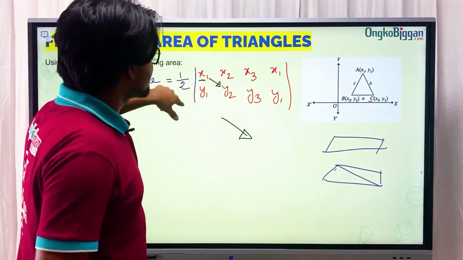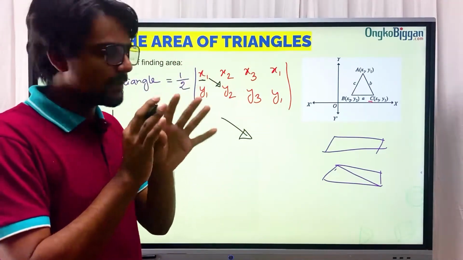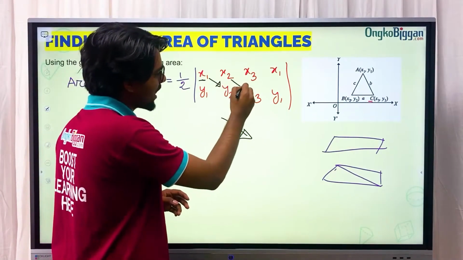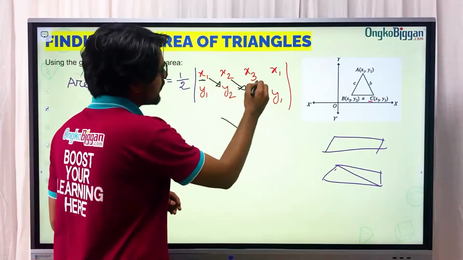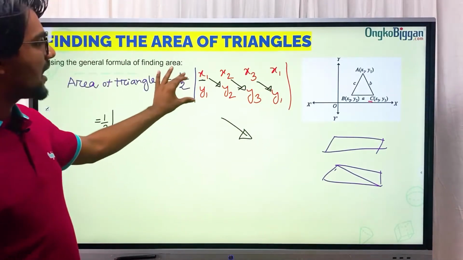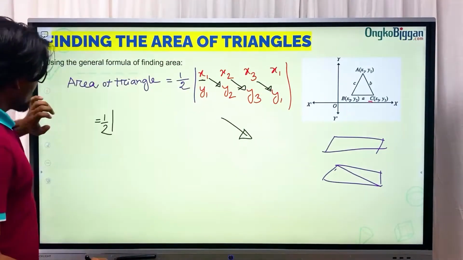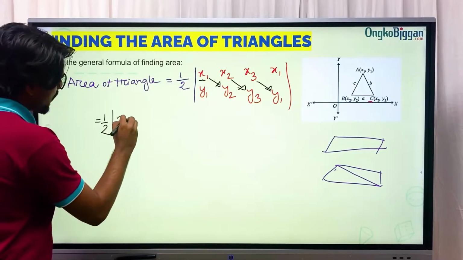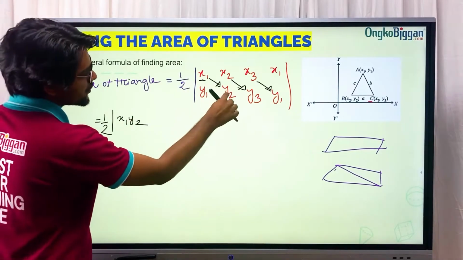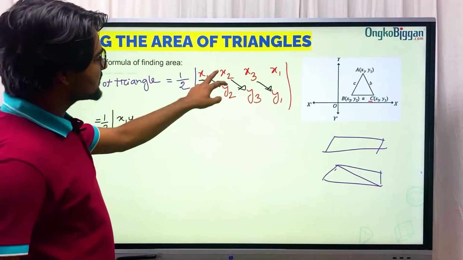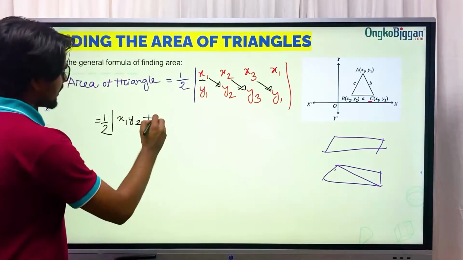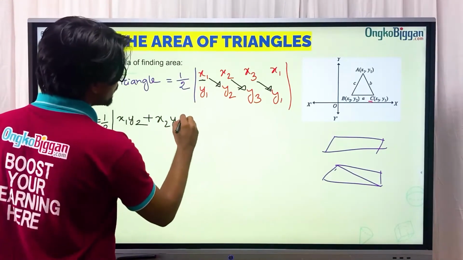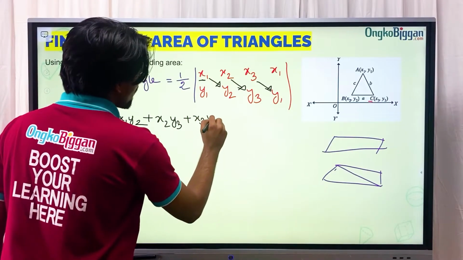Then we are going to take these values also, in a diagonal way. So x2 will be multiplied with y3, and x3 will be multiplied with y1. This is how we multiply them. After multiplying them, we write x1 into y2, plus x2 into y3, and then x3 into y1.